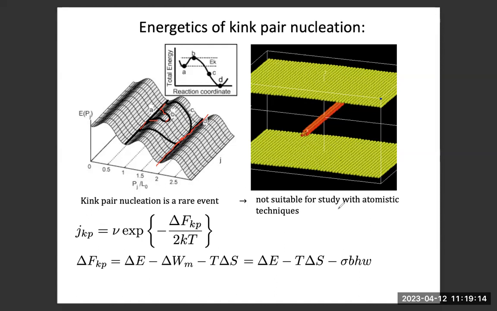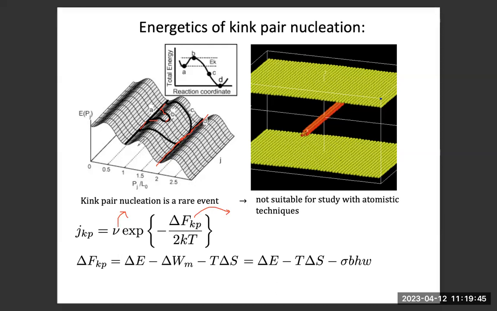And we generally observe this nucleation via experiments, but it's not suitable for study with molecular dynamic simulations or other atomistic techniques. All right, so we have a formula. This is the speed, and this is the energy barrier that it needs to overcome.